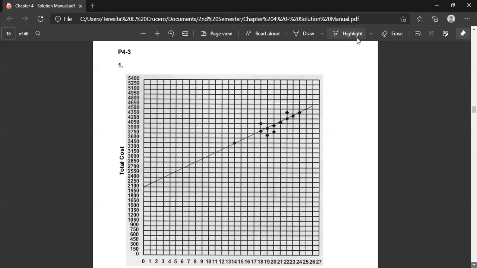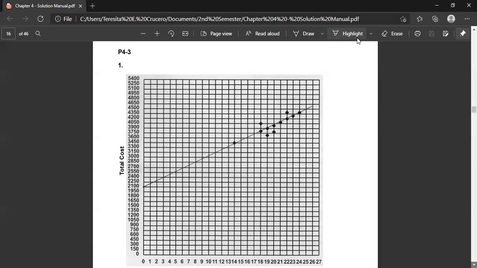So we have to use the problem in 4-2, good for 1 year. So we begin now with January with 2,400 units and the cost of 4,400.